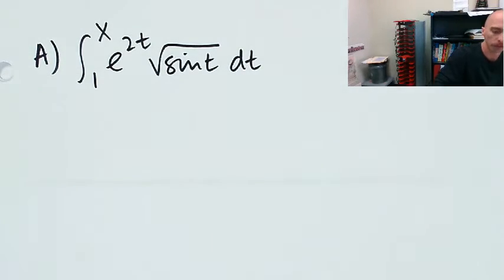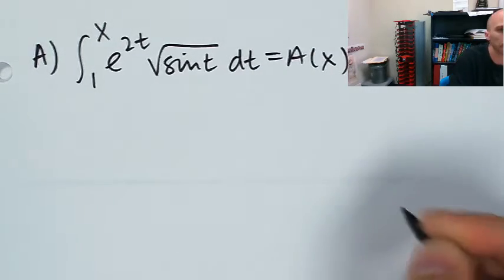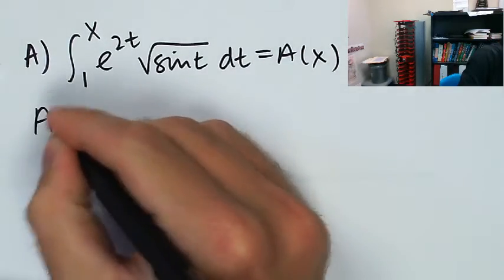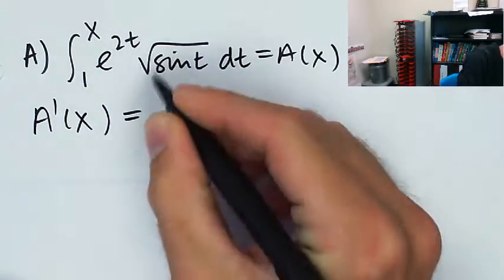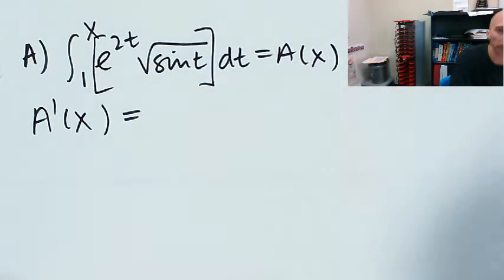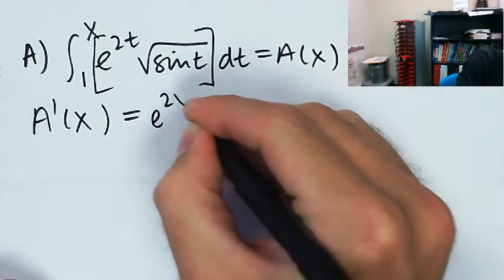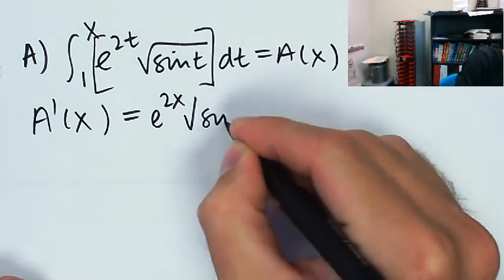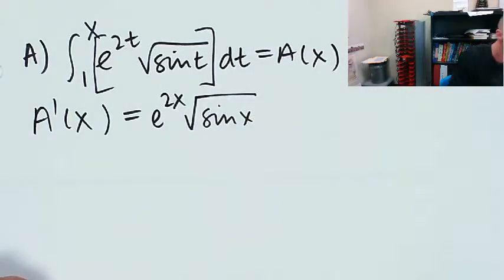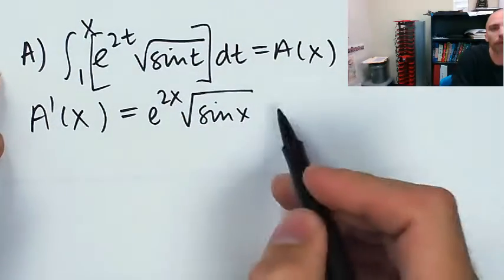So remember to take the derivative of a of x: a prime of x is going to equal, I take x and throw it wherever I see t in the integrand, which is the thing I've boxed off. So e to the 2x square root of sine x, times the derivative of x, which is just 1.